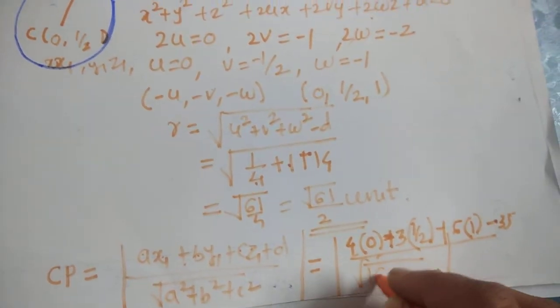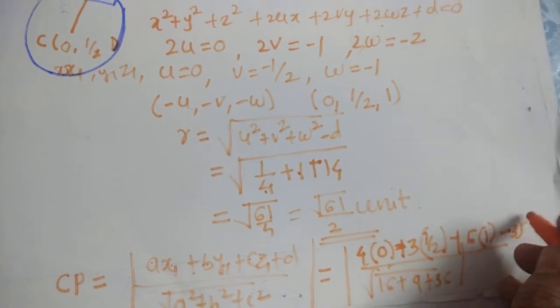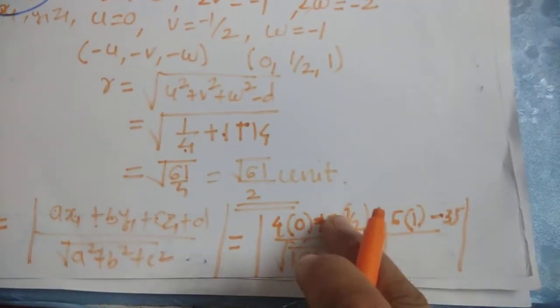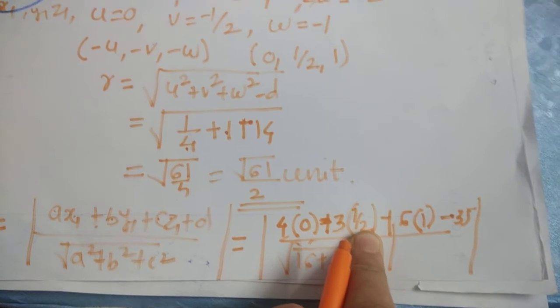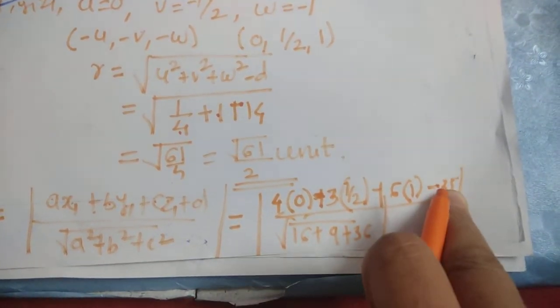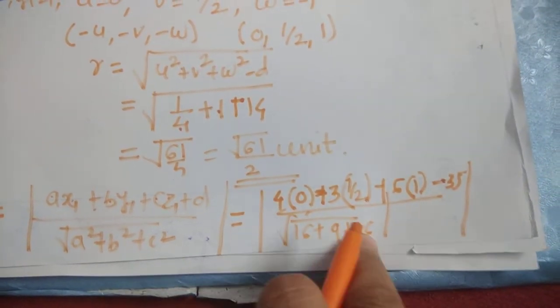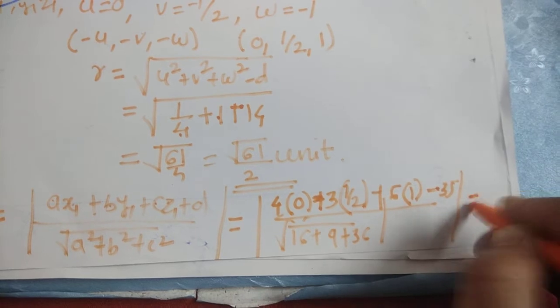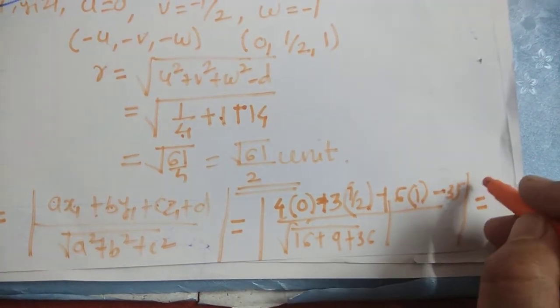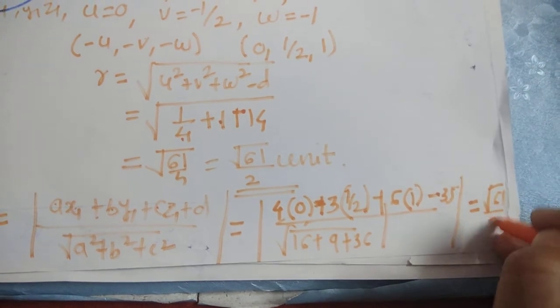So it is 16 plus 9 plus 36. On solving this, 4 into 0 is 0, this is minus 3 by 2, this is 6 and this is minus 35, and the value is under root 61 in the denominator and in the numerator it is minus 61 by 2, which is nothing but under root 61 upon 2.